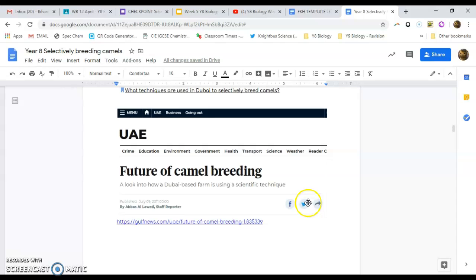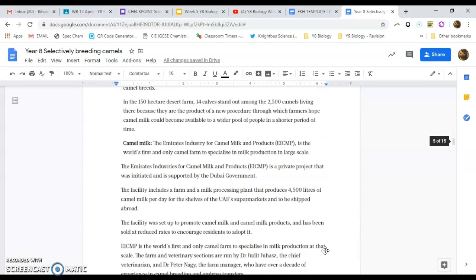The article that I've centered this document around is taken from the Gulf News, an article that was published in 2011. A future look into how a Dubai-based farm is using scientific techniques to determine the future of camel breeding.